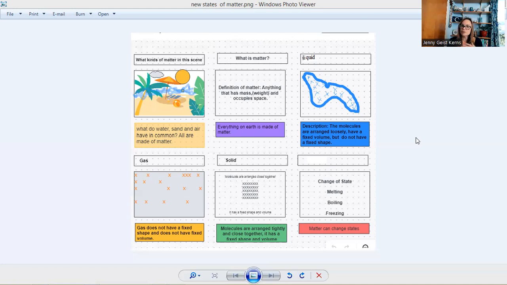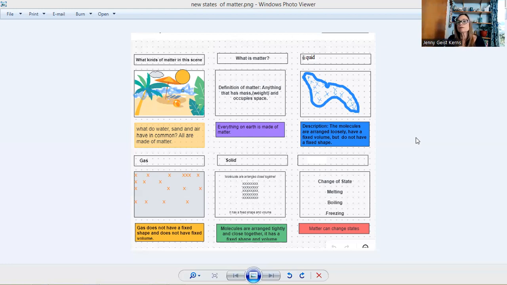For example, in liquids, the molecules are looser together. They have a fixed volume, but they do not have a fixed shape. So the shape of anything that is liquid is going to take on the shape of a container, like my water, see it like this.